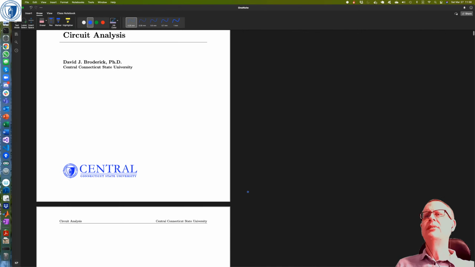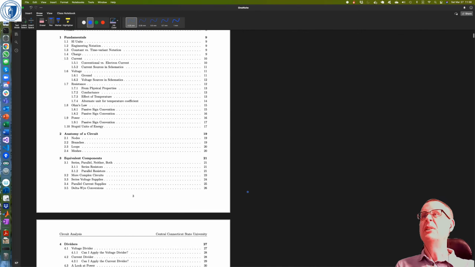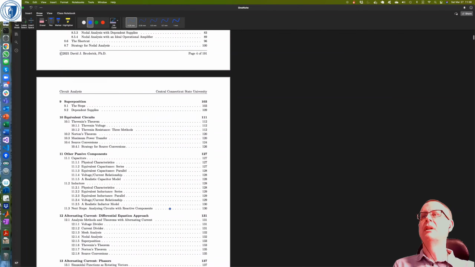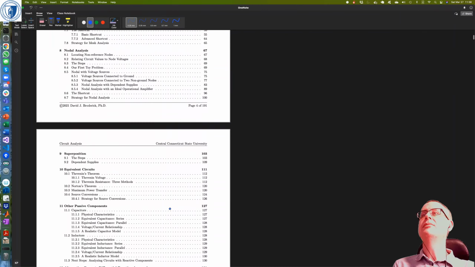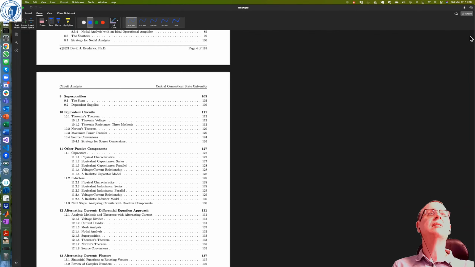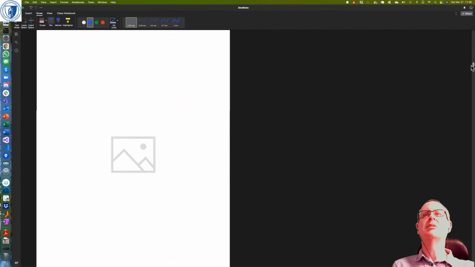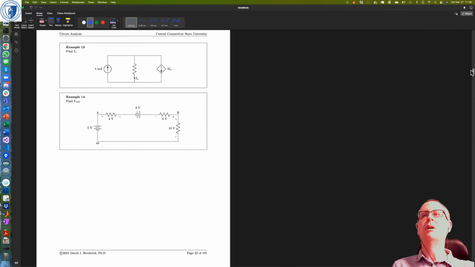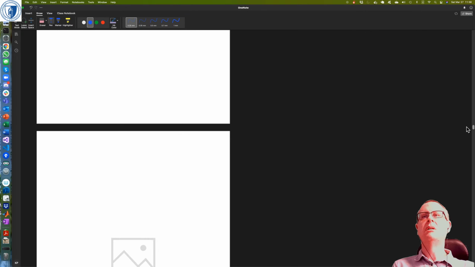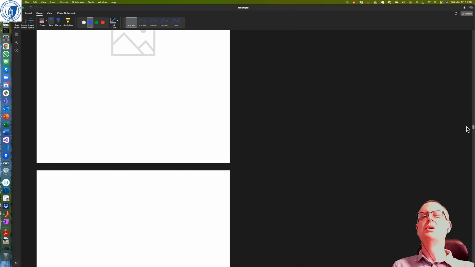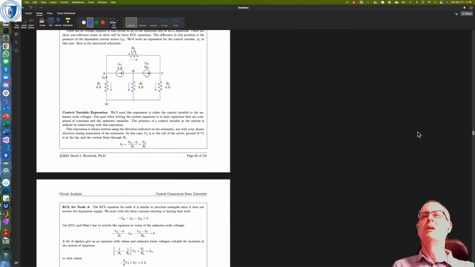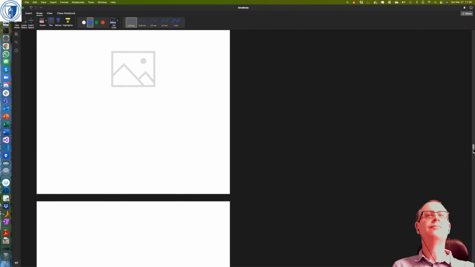We have equivalent circuits, which is what we're interested in, on page 111. So let's see if we can get to page 111. Not quite there yet.